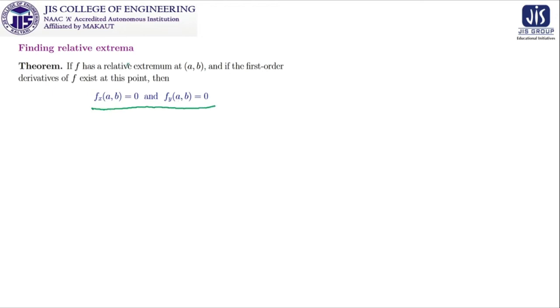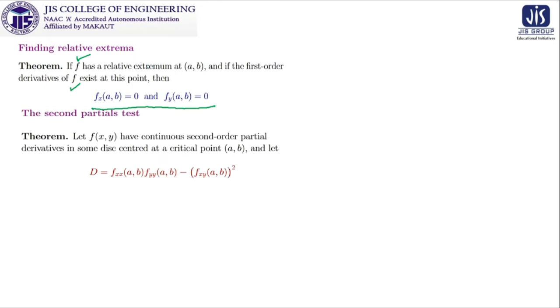So there are two required preconditions to claim this particular theorem: that it is having relative extrema, which is given to you, as well as the first order derivatives of f exist, then f_x(a,b) and f_y(a,b) must be equal to 0.